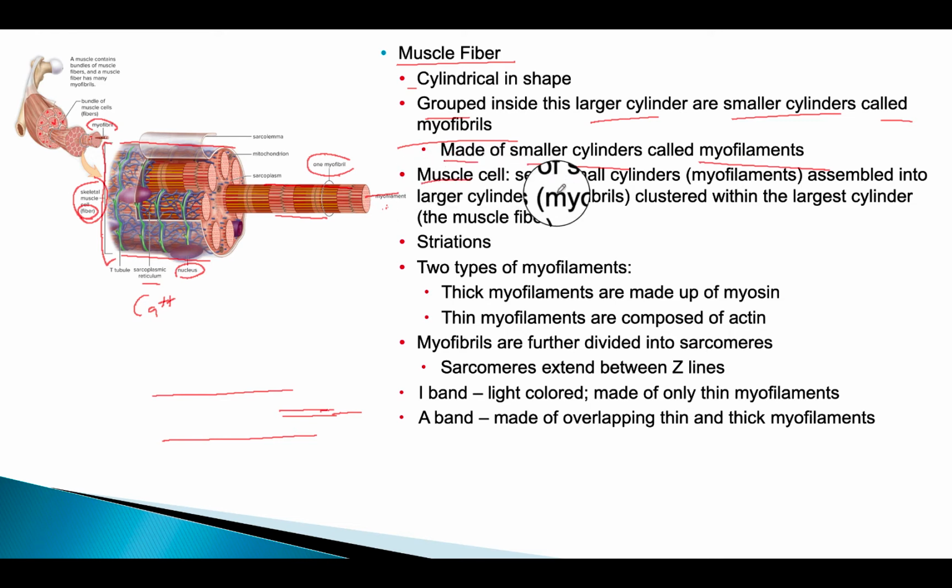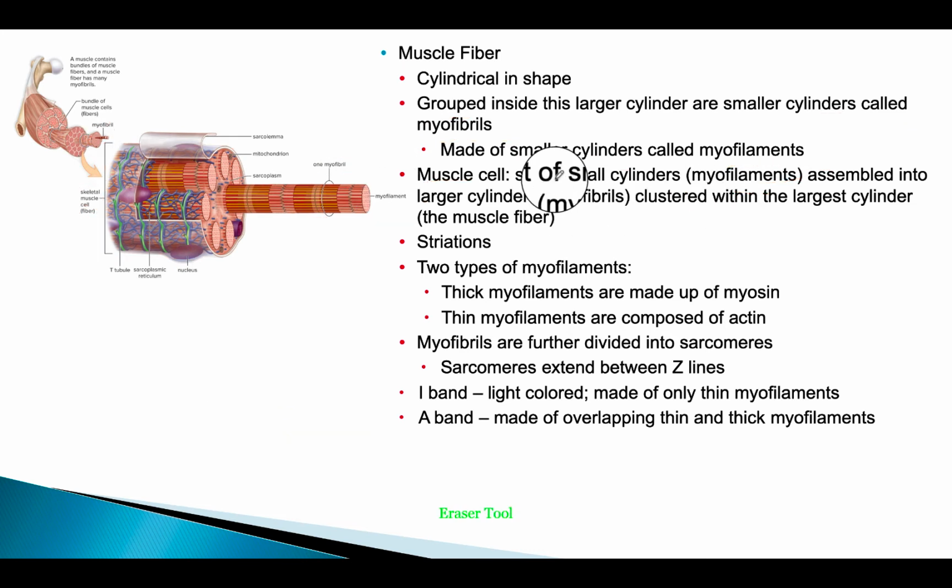Muscle cell, these are a set of small cylinders, your myofilaments. Let me erase this real quick. So a muscle cell, a set of small cylinders, known as your myofilaments. So these are myofilaments, right there. Assembled into larger cylinders, known as your myofibrils.